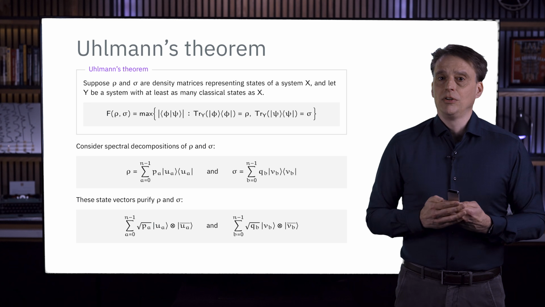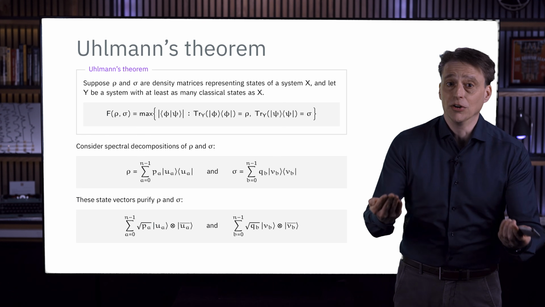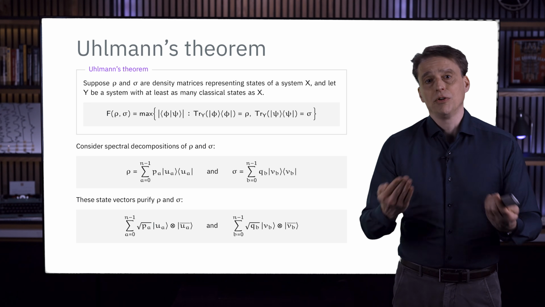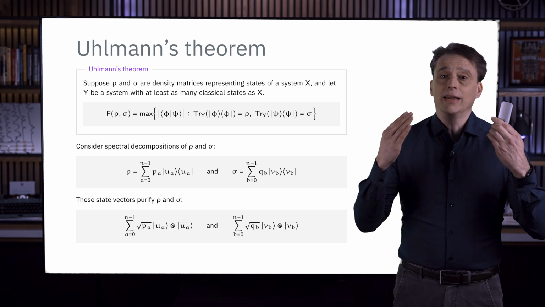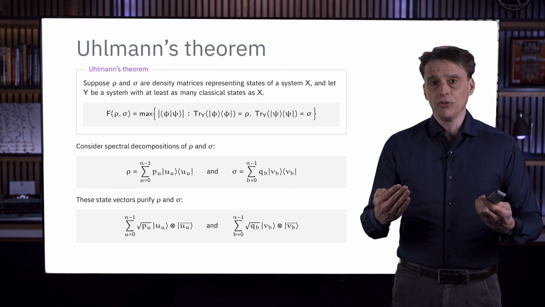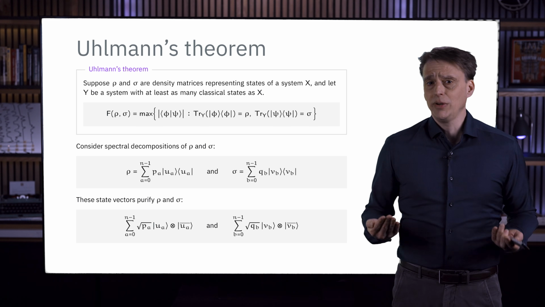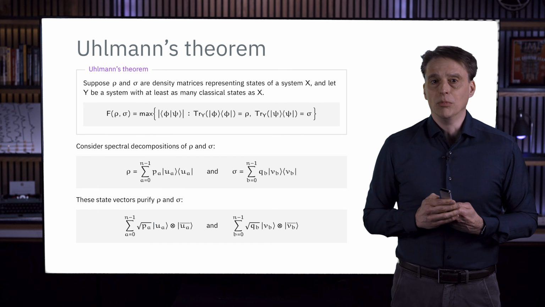Notice that in both cases, we don't have a standard basis vector as the second tensor factor like we did earlier in the lesson, but rather we have the same vector as in the first tensor factor, except that it has a bar over it. And that means the entry-wise complex conjugate of these vectors. So in other words, we're basically just taking a second copy of the eigenvectors, but we take the complex conjugate of each entry, and we'll see why we do that in a few moments.